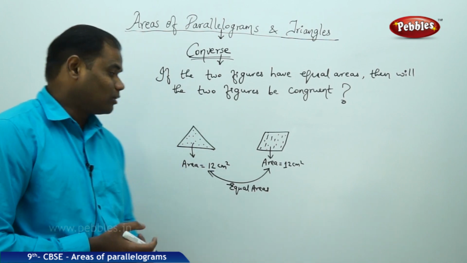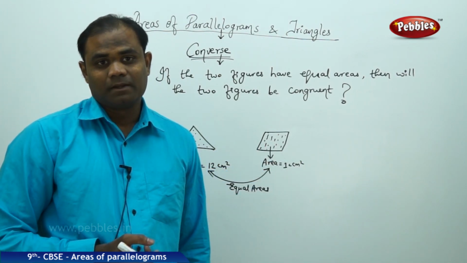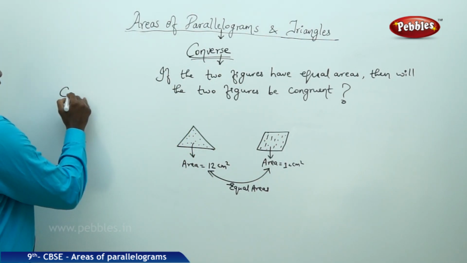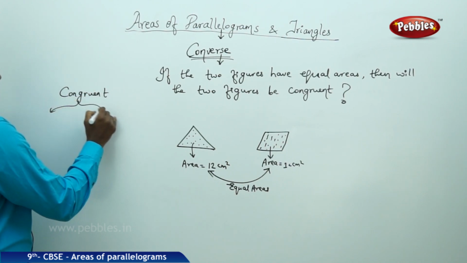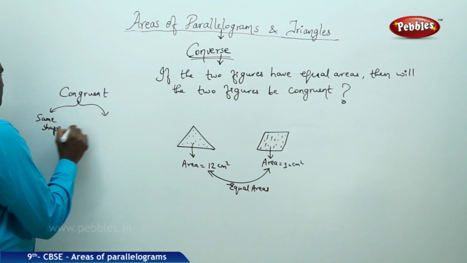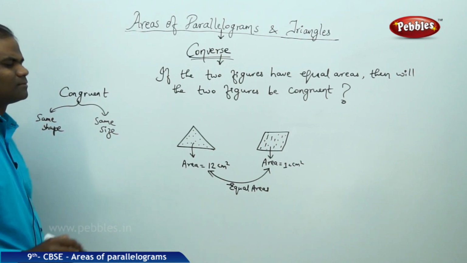But are they congruent? Let's see if the triangle is congruent to the parallelogram. The congruency concept says that two figures are congruent if they have the same shape and the same size.